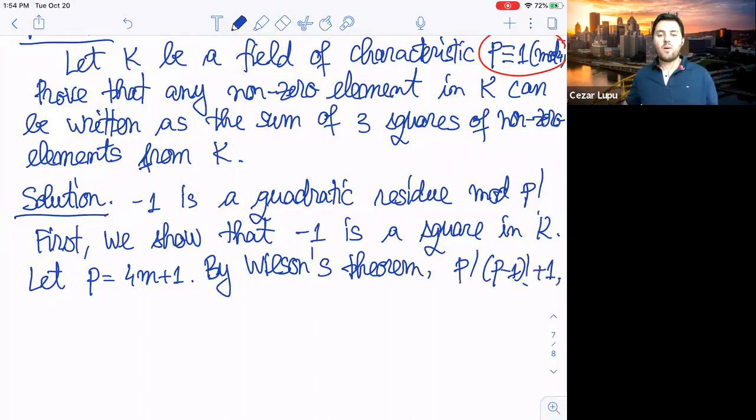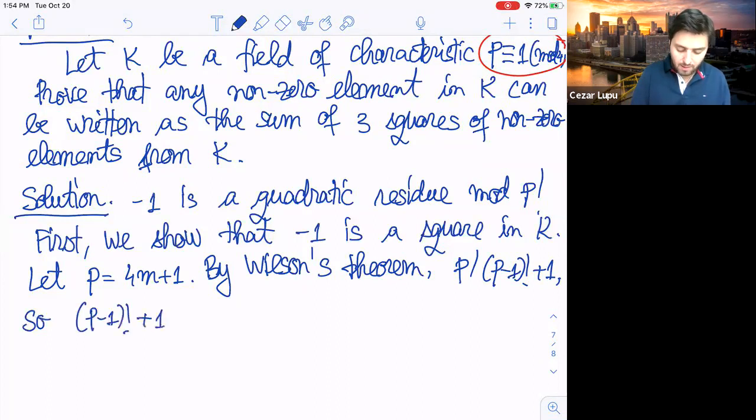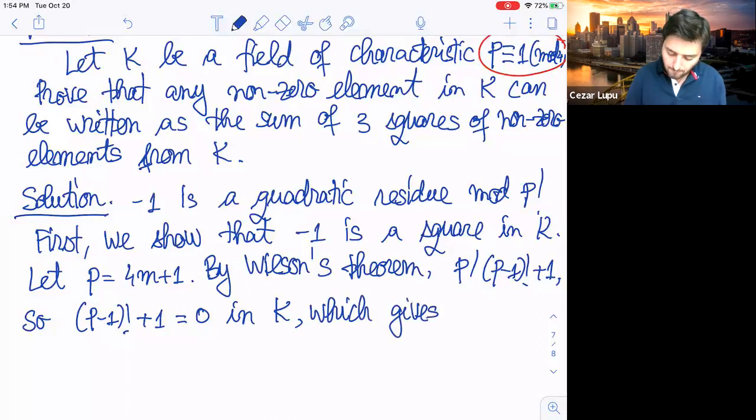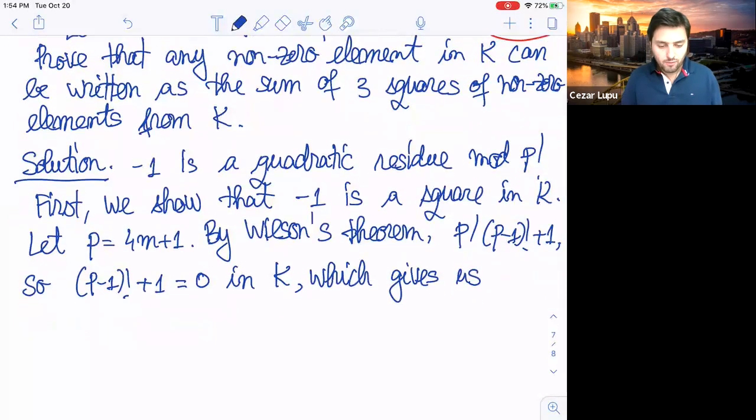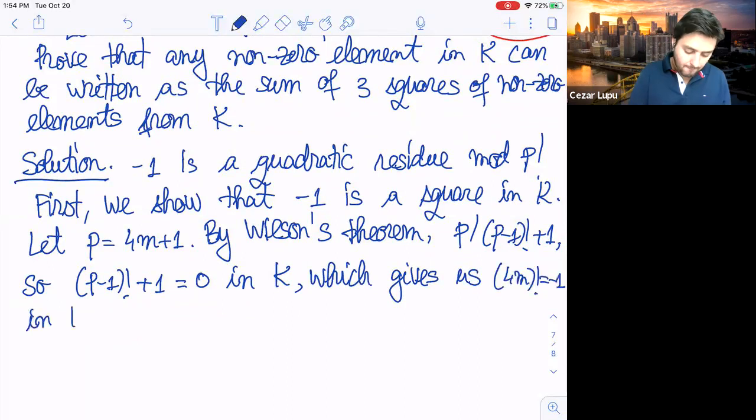Now since we have this field of characteristic P, it follows that (P minus 1) factorial plus 1 is 0 in K. If we replace this, it will be 4m factorial. So this means that 4m factorial is negative 1 in K.